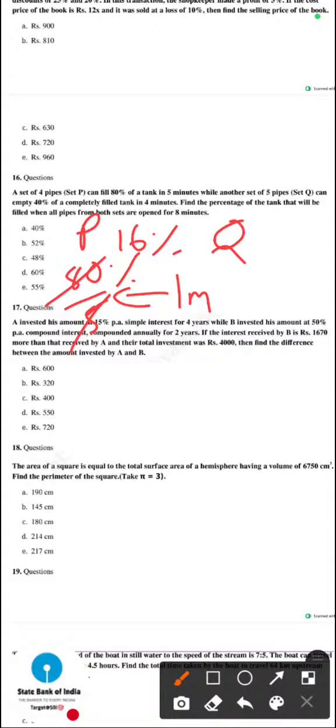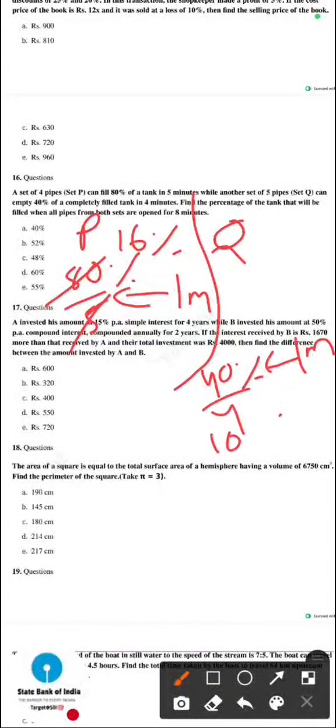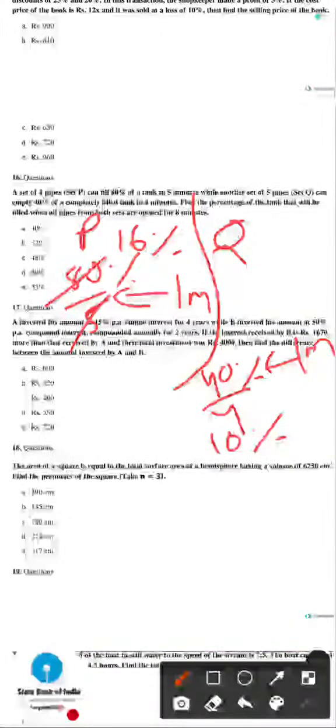So in 1 minute they can fill 16%. Now Q says that it can empty 40% in 4 minutes. So for 1 minute it can empty 40 divided by 4, 10%. So the difference is 16% minus 10%, which will be 6%.